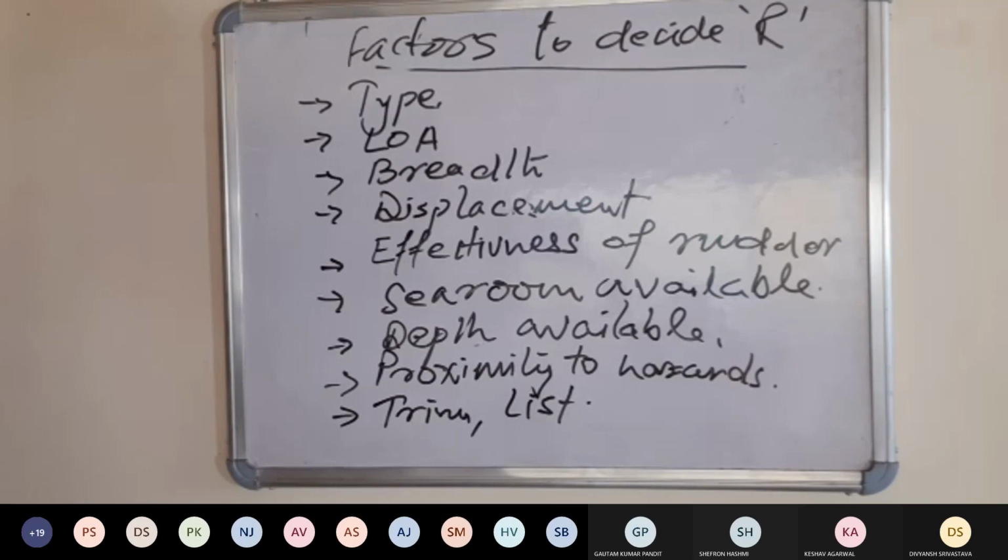And change, you must ask him and learn from him why he is changing this, what he is considering, which probably you missed out. That will come from the experience.